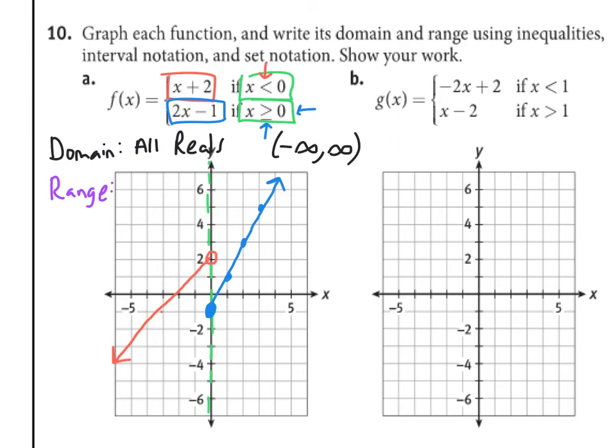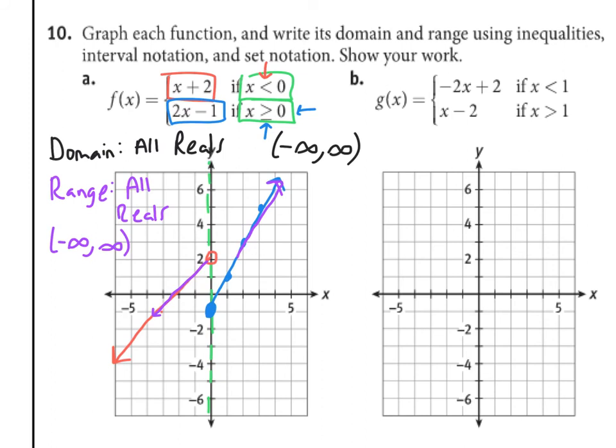So I think this one has a range also of all real numbers. This piece gets all the positive values, this piece gets all the negative y values, so combined, this thing's going to cover all values. So again, negative infinity to infinity.